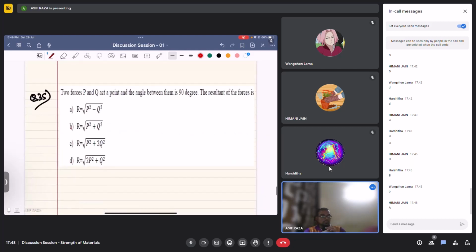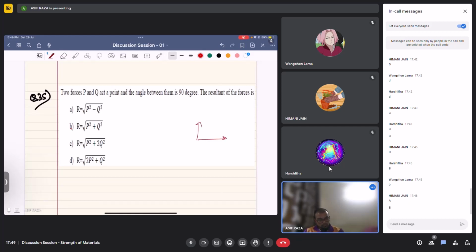Okay, this one. Two forces P and Q act at a point and the angle between them is 90 degrees. The resultant of the forces is pretty straightforward. P and Q act and the angle between them is 90 degrees. Yes, the answer is P square plus Q square.